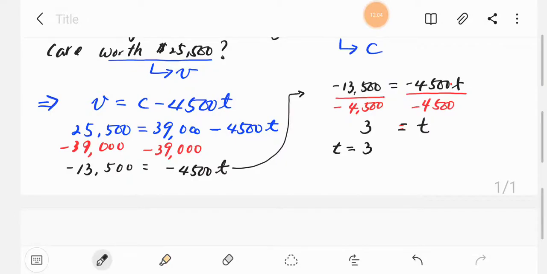Okay, 3 means it takes 3 years. After 3 years, the value of the car will drop down to $25,500. So it takes 3 years.